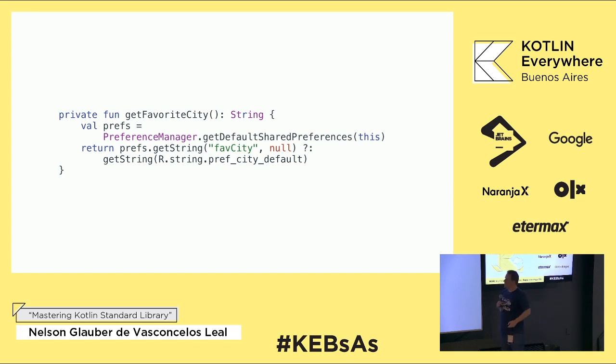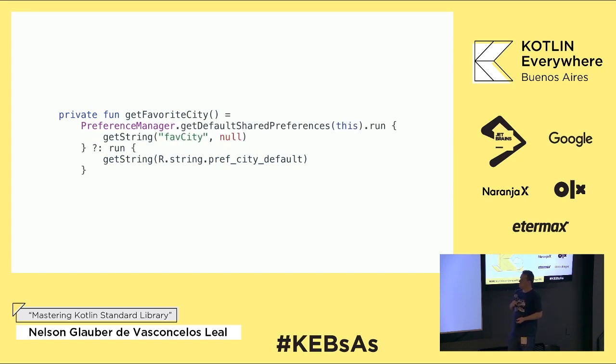Okay? So we can replace this code using this. We get the preference manager and run an operation over the preference manager. Okay? So once I get this result, I'm checking if the result is different from null using the Elvis operator here. And if it's null, I get the preference from the string resources.